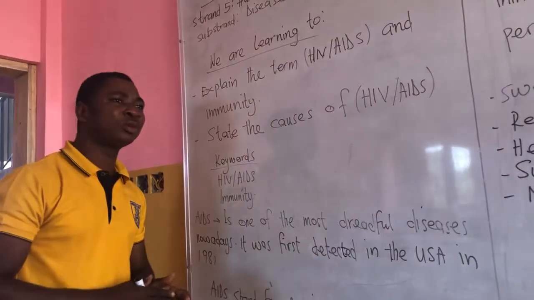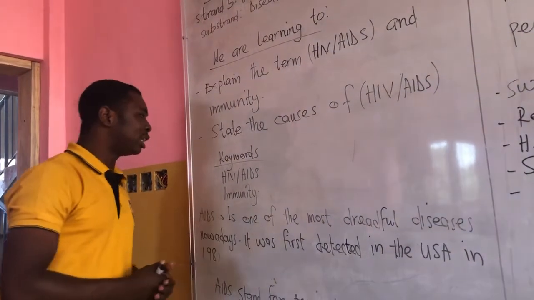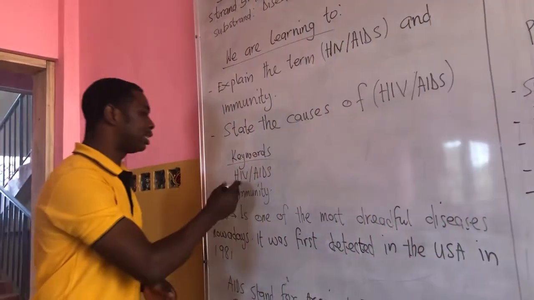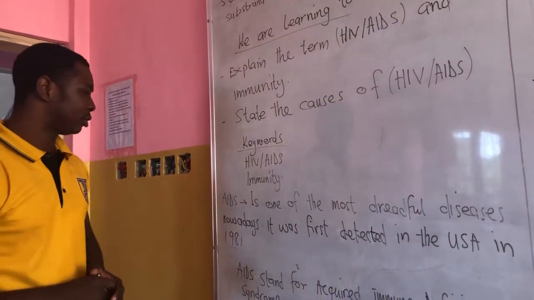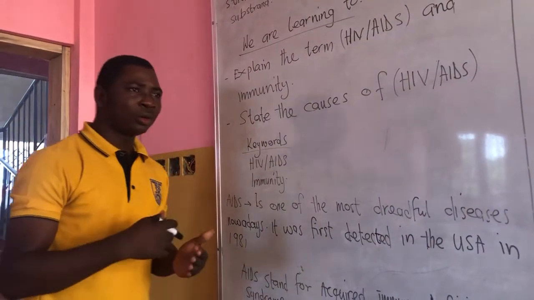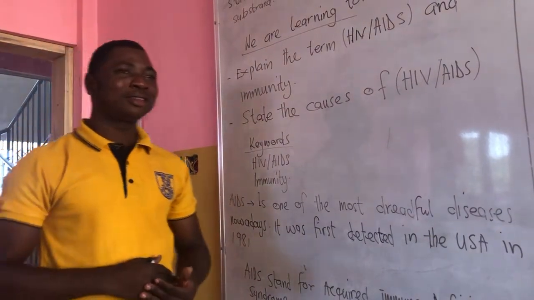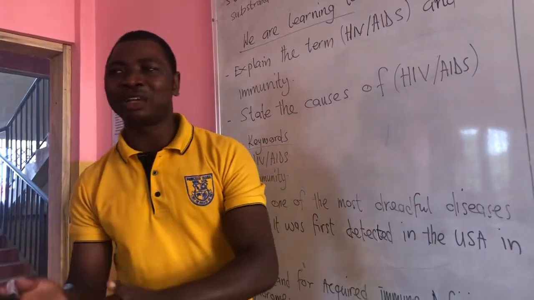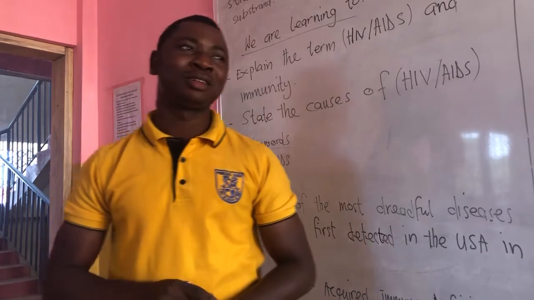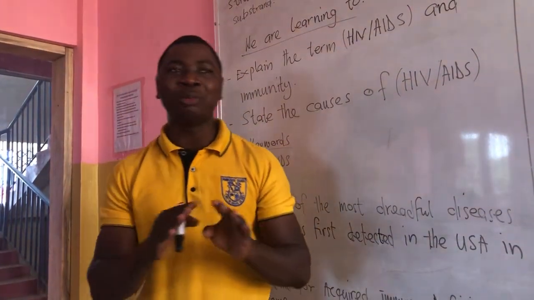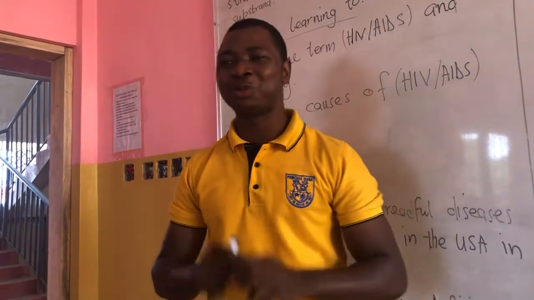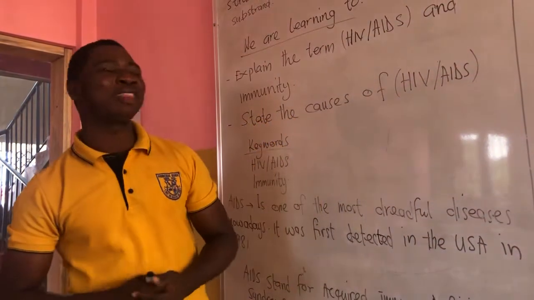The keywords we will be meeting in our lesson are HIV/AIDS and immunity. You have heard the word AIDS, but you may not know the causes or the meaning of HIV/AIDS. So make sure that you listen carefully and you understand everything.